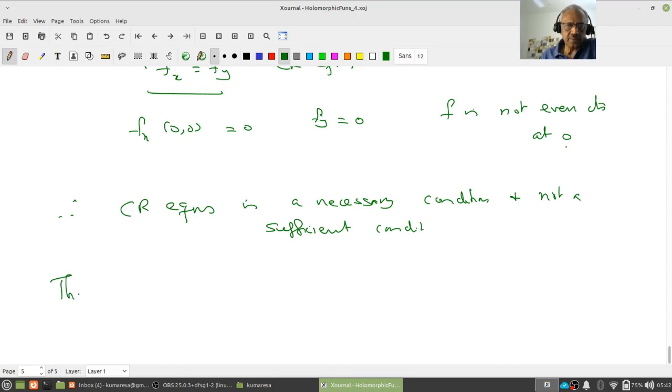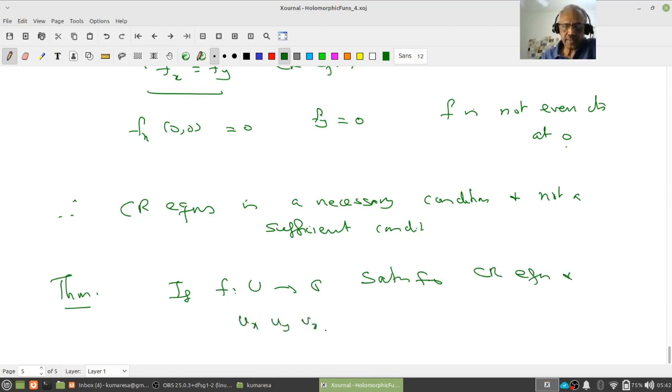But there is a theorem which you will prove in the next lecture. This says if f from U to C satisfies CR equations and ux, uy, vx, vy are all continuous, then f is holomorphic.